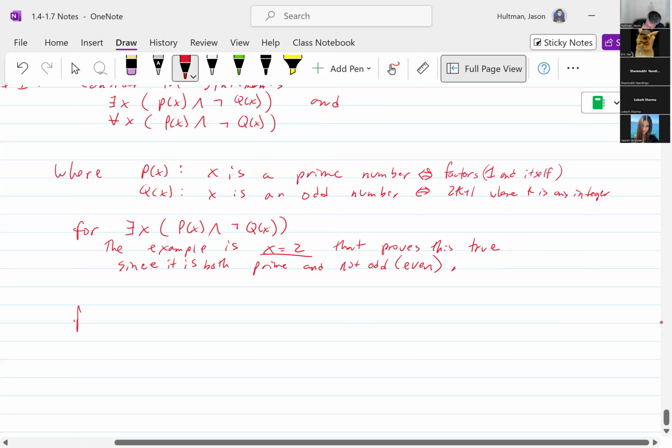Okay, there exists for all or for every x, p of x and not q of x. Is this true or false? Well, again, p of x is prime and q of x is odd, so not q of x is even.